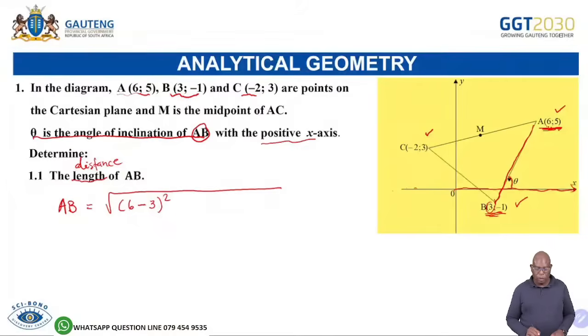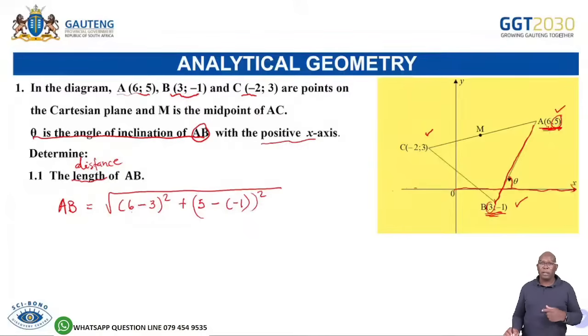This must be squared. Then it will be plus the 5. Remember I started with the 6, so I must start with the 5. So it will be 5 minus minus 1. Remember the first minus is for the formula, the second minus is for the value of the y-coordinate.